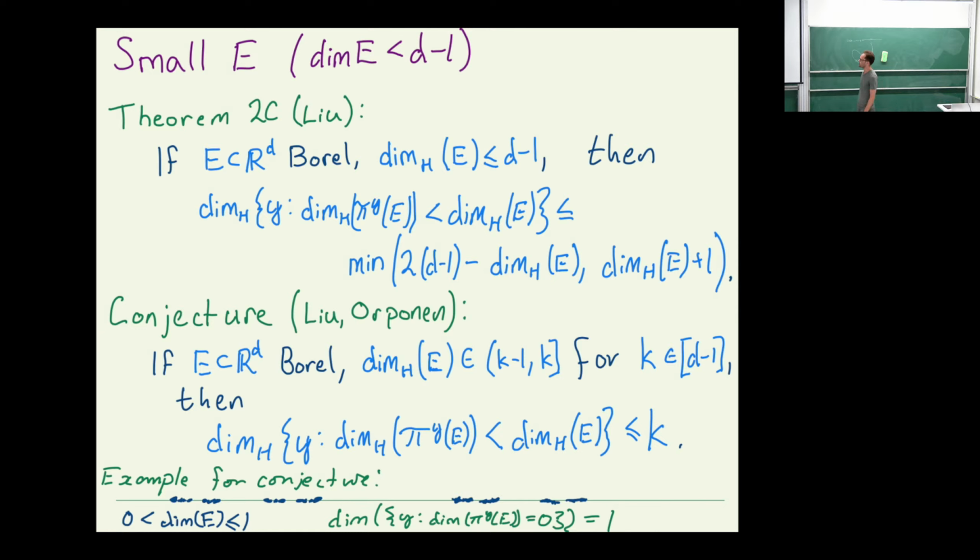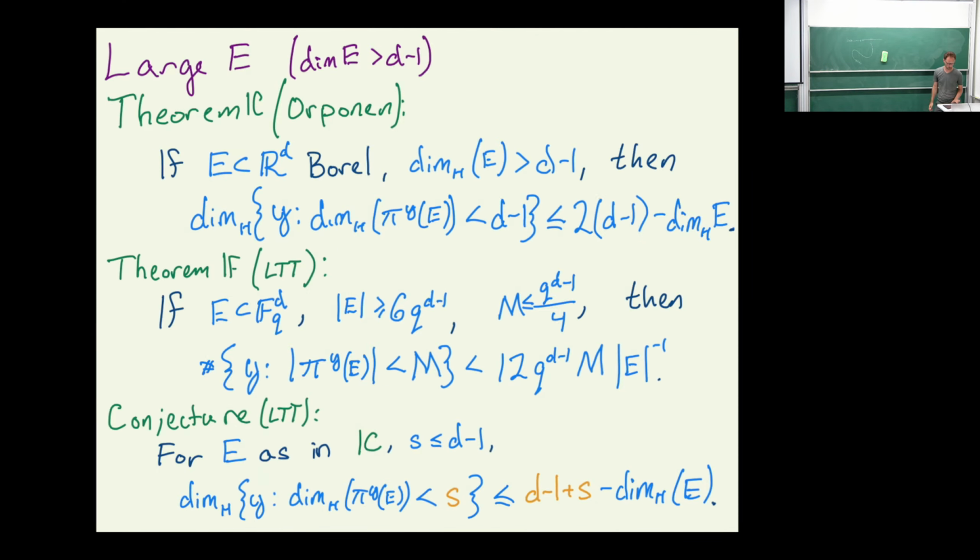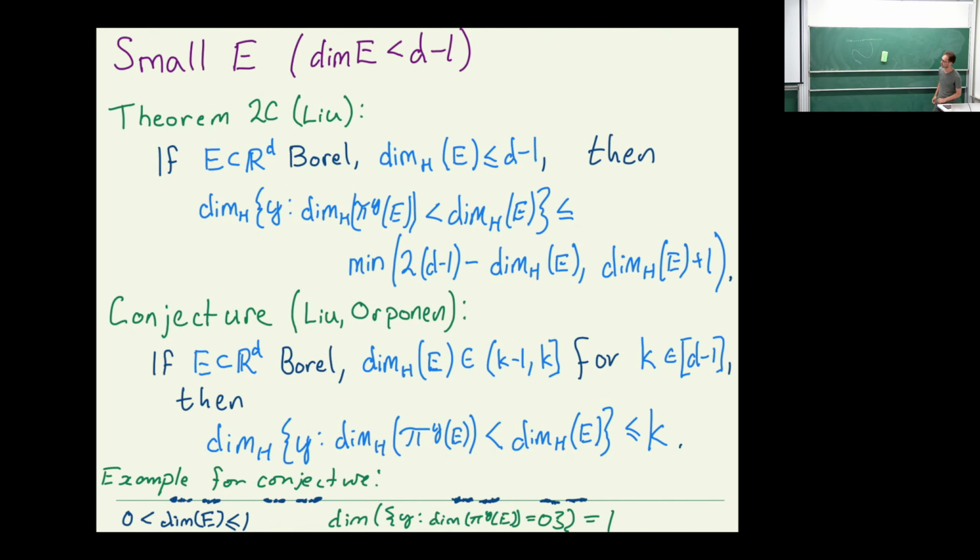So the other kind of setting: there were two different upper bounds on the size of the radial projection. One is d minus 1, and one is the dimension of E. So there are two different natural settings for the exceptional dimension. One is when the dimension of E is large, greater than d minus 1, and the other is when it is small, less than d minus 1.